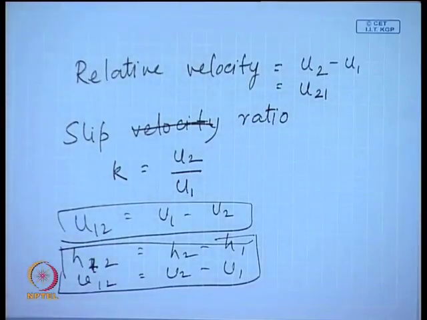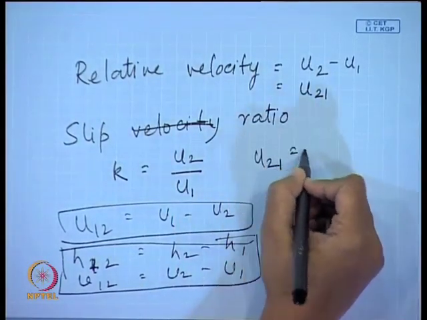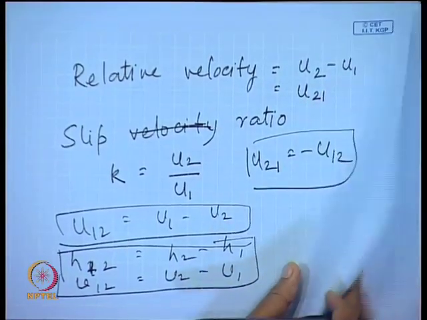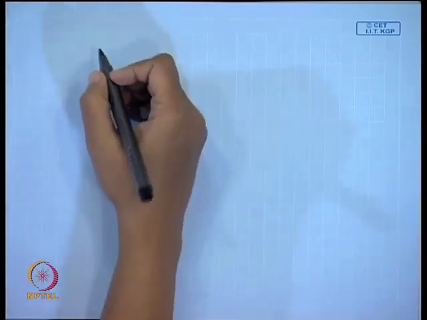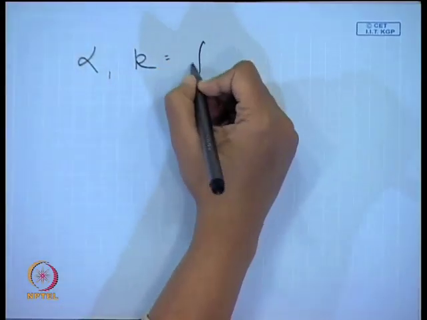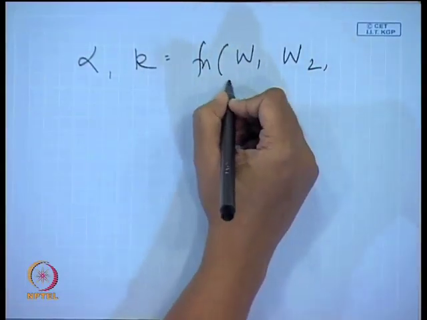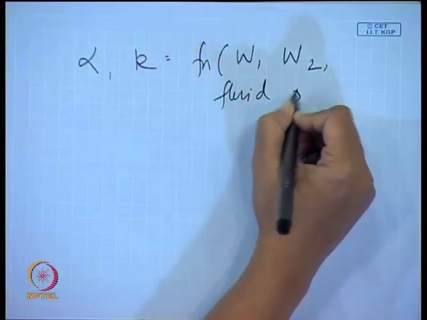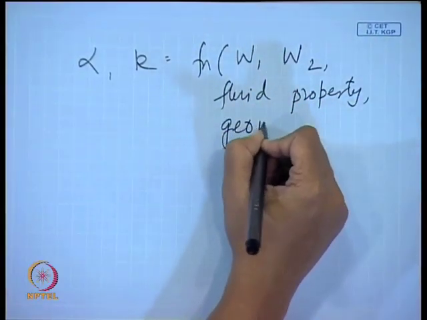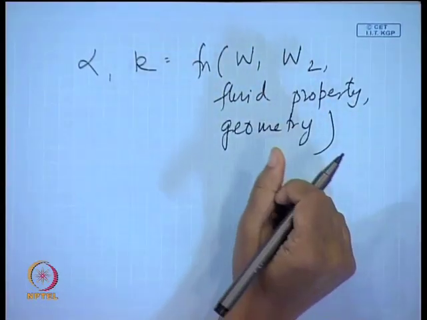These two are again very important. And we already know that u21 equals minus u12. This also you know, and remember one thing, both alpha as well as K, the slip ratio, are functions of W1, W2, fluid property as well as conduit geometry. So, they are functions of all these things.